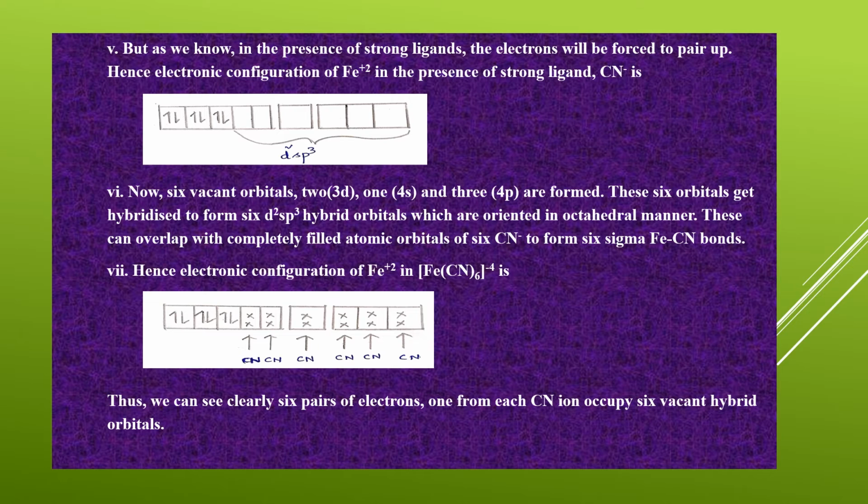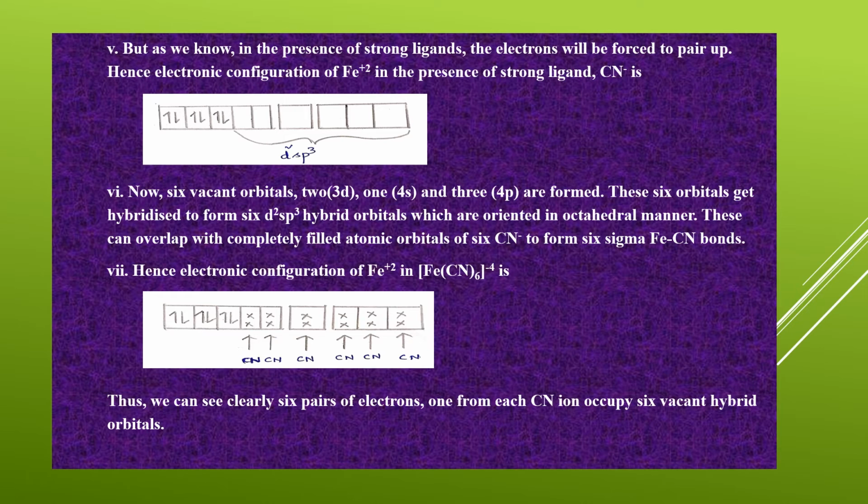The ligand in this complex ion is CN-, which is a strong ligand. We have learned under the important features of VB theory that in the presence of strong ligands, the single electrons will be forced to pair up. Hence, the electronic configuration of Fe2+ in the presence of CN- will be as shown in the figure.